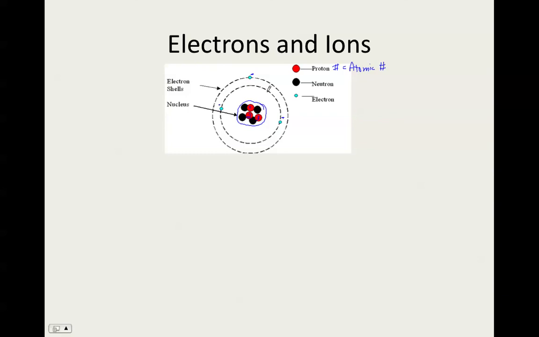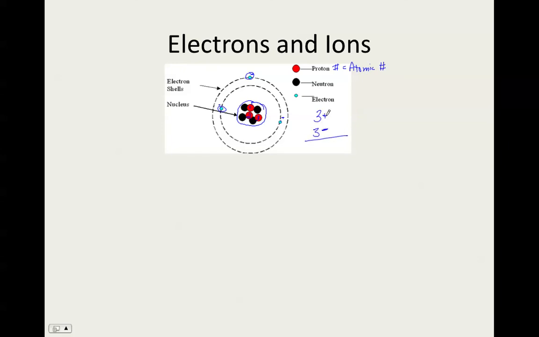And remember, the overall charge of an atom, as it appears in the periodic table, is neutral, meaning there are equal numbers of protons and electrons in the atom in that particular state. So if you add up the protons, which each have a positive charge, you have 1, 2, 3 protons, so 3 positive charges. And you have 1, 2, 3 electrons, which is 3 negative charges.